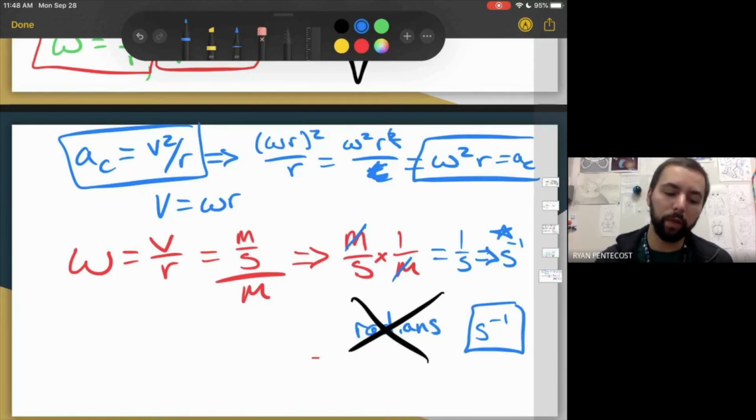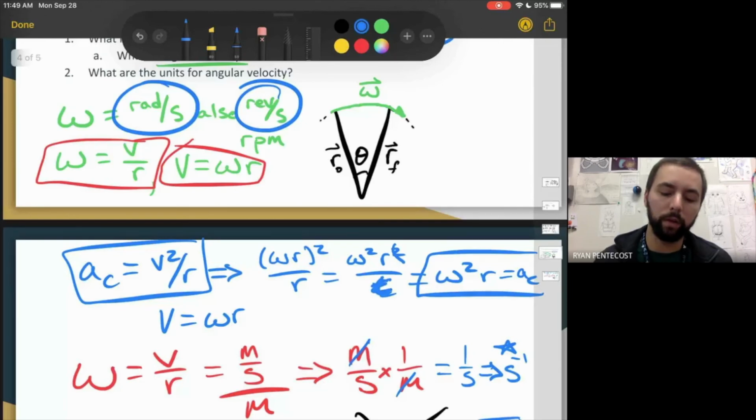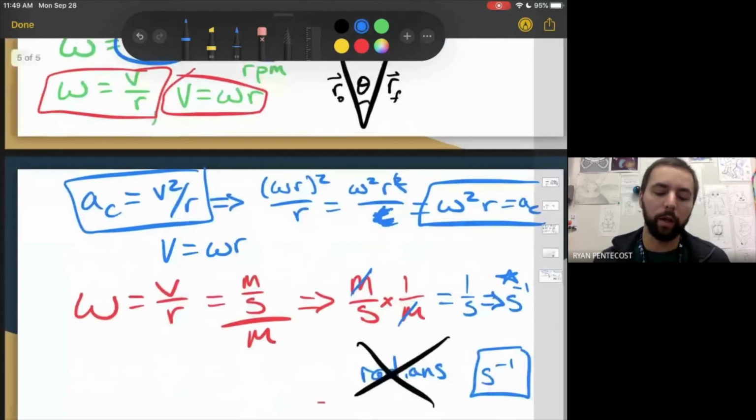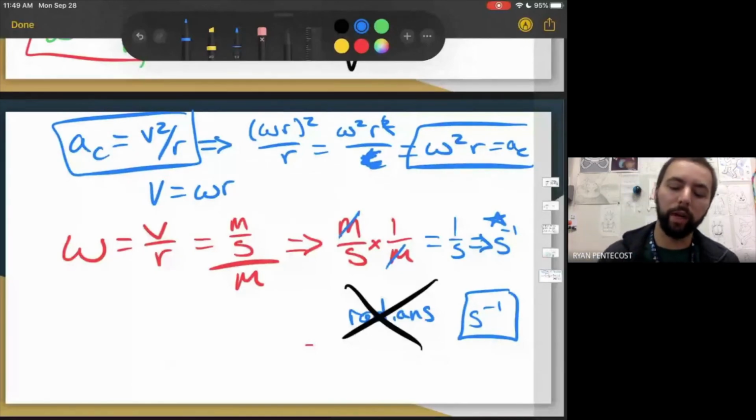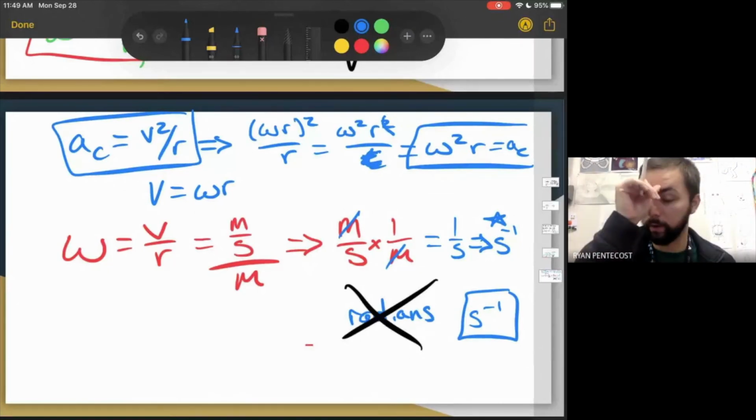Now that can be used for revolutions per second. If you need to use revolutions, you can figure that out using your radius and convert your radius and your velocity into the appropriate terms. But you want to keep your omega in radians as long as possible. If your problem uses revolutions, use revolutions. But you want to keep everything in radians.